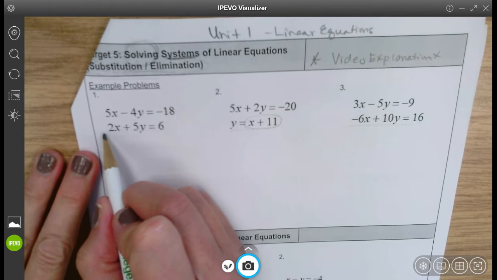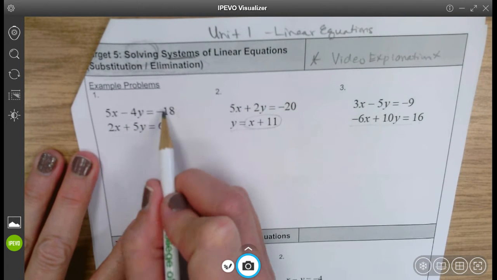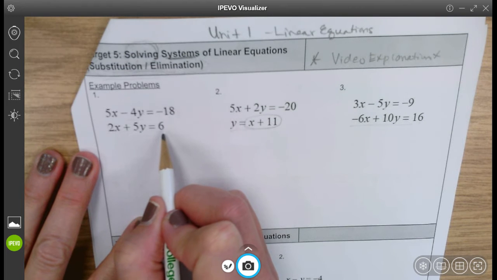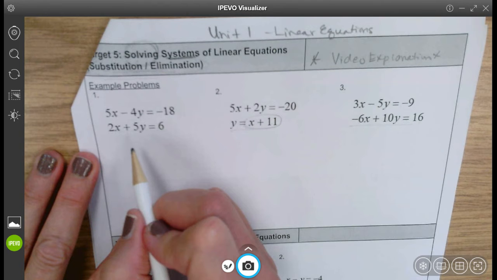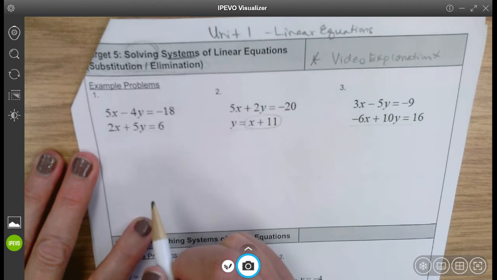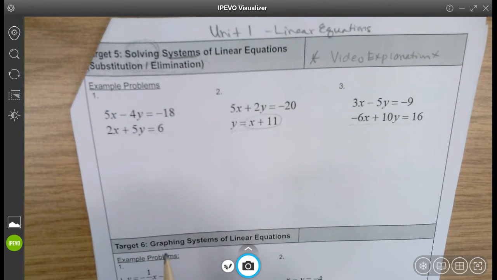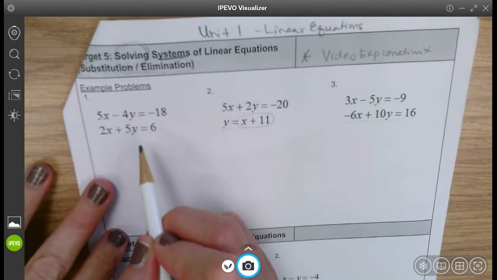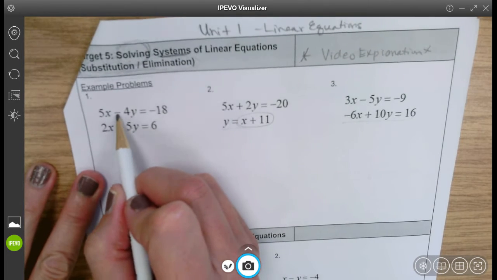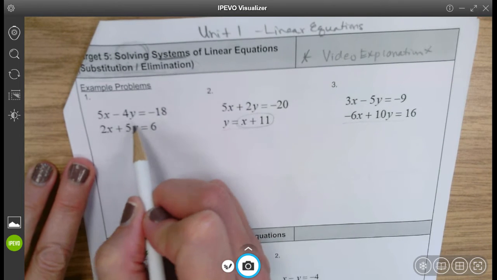So let's say I were to add down, add down, add down. None of these are opposites for the letters, so it doesn't help. What I need to do is create a multiplication situation so that I can rewrite the values so that we end up with opposites. I'm going to try to get rid of the y's first.